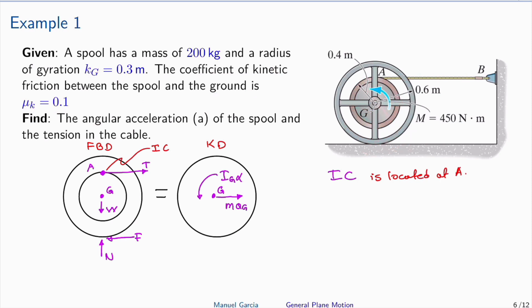So the acceleration of the center of gravity of mass is equal to r multiplied by alpha, where r, I'm going to draw in green, is a vector that goes from the instantaneous center to G. So the acceleration of G is equal to 0.4, which is the distance from G to the point A, multiplied by alpha.